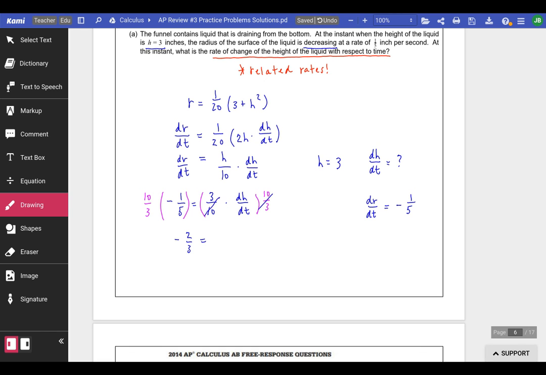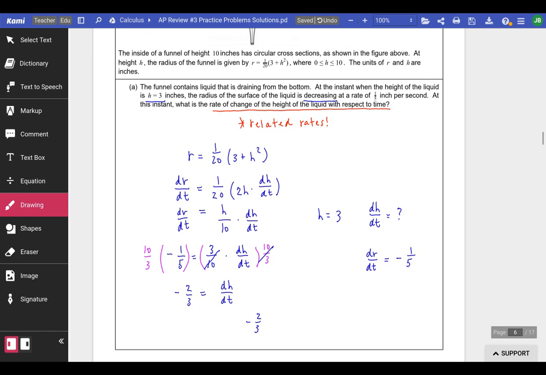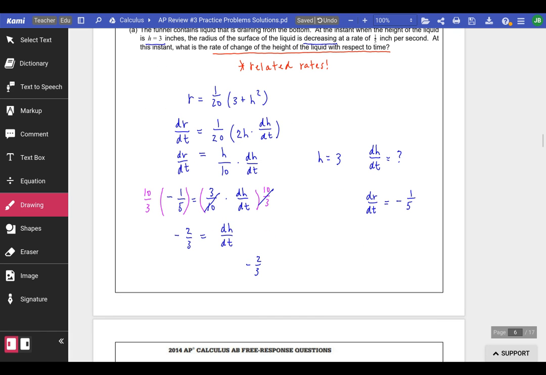Here, the 3/10 and the 10/3 cancel, so I get dh/dt. So now I want to make sure I include my units. So dh/dt is negative 2/3. And our height and radius were measured in inches. So that tells me it's negative 2/3 inches per, and my time is measured in seconds. And that would be our answer there.